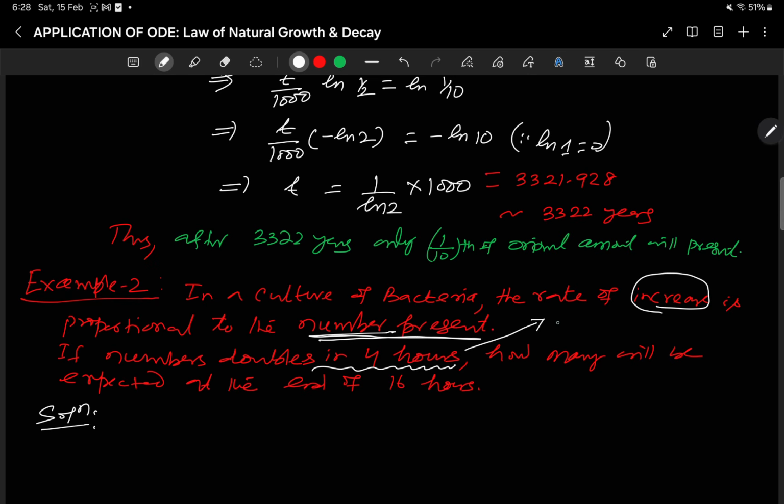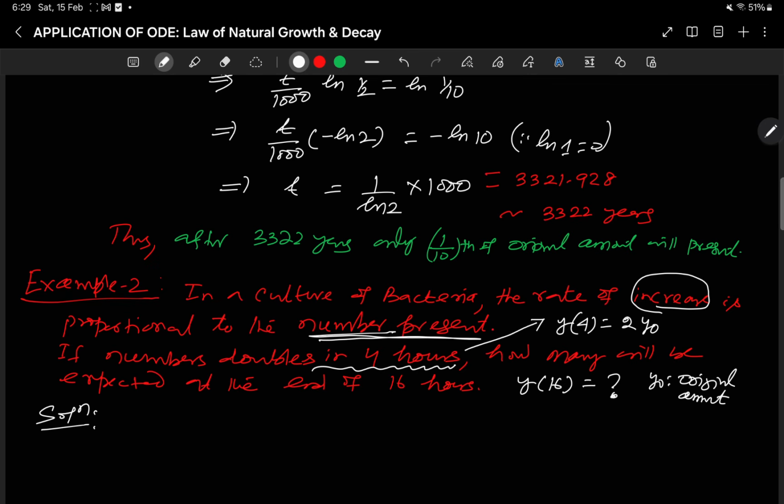So it doubles in 4 hours. Means y of 4 is 2 times the original amount, y0 being the original amount. Right? And how many will be after 16 hours? Y of 16 will be what?